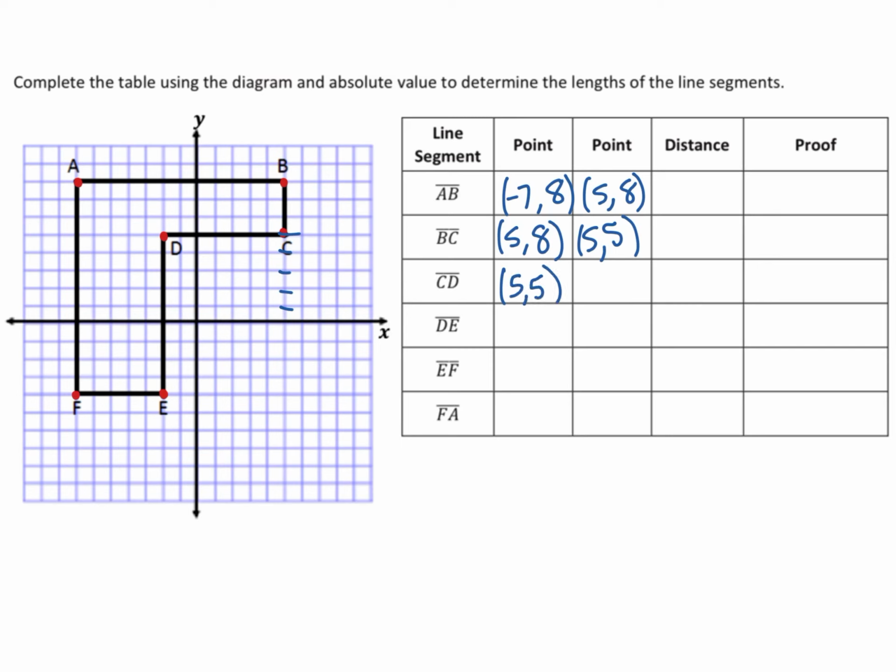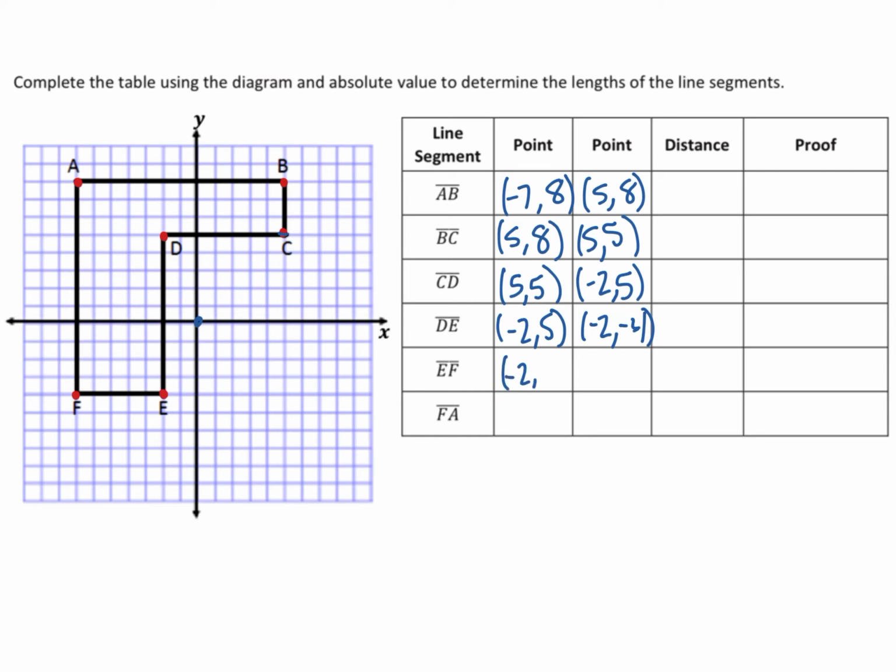5, 5. And D is left 2 and up 5. E is also left 2, but it is down 4 from that origin point. So left 2, down 1, 2, 3, 4.